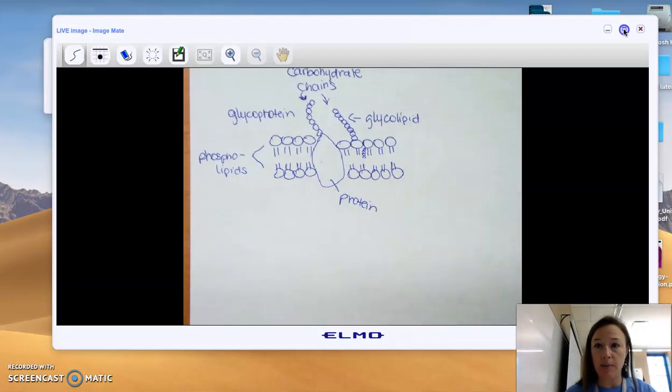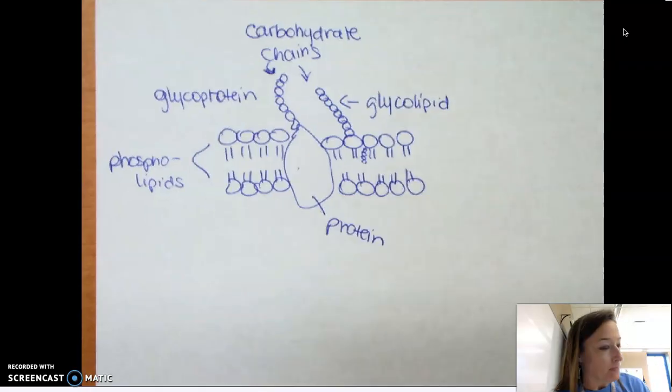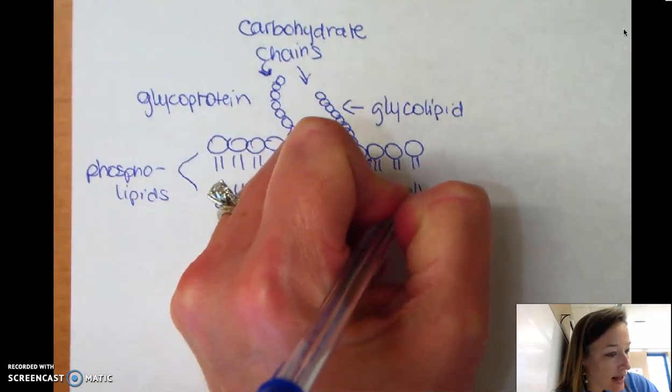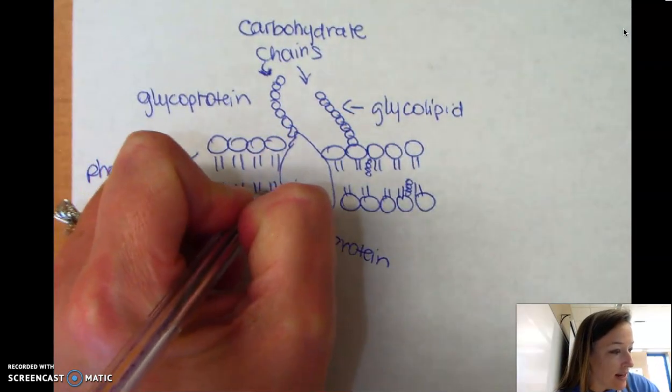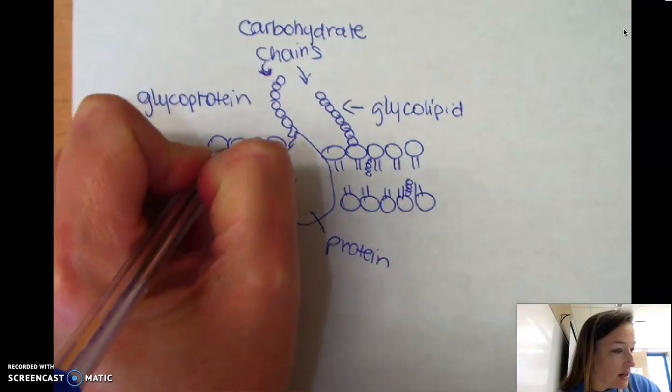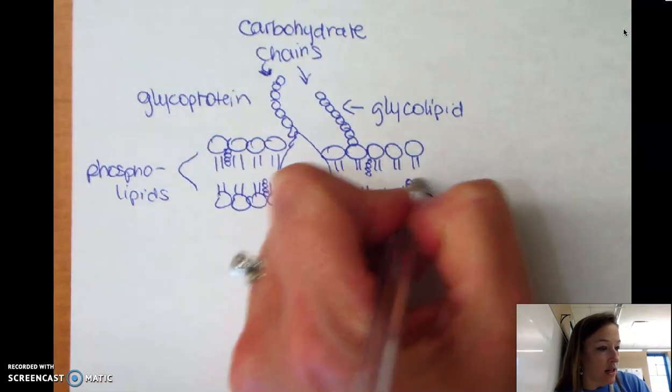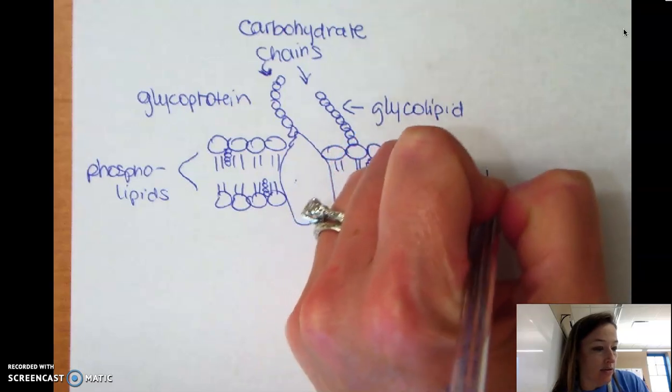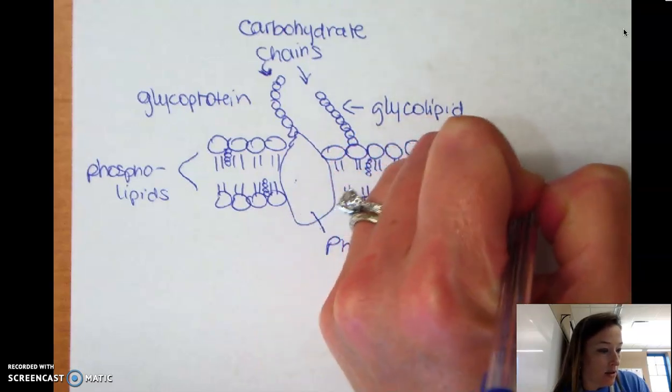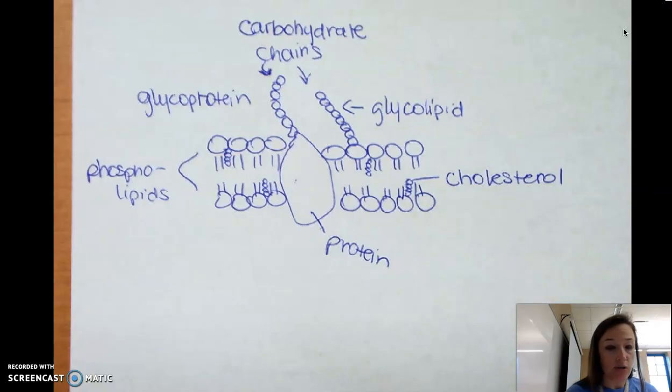And so, let me blow this up a little bit, that helps. All right, and so you're going to see that kind of in between your fatty acid tails, because it is going to help provide stability and keep those tails from tangling up. All right, so those are your four parts.